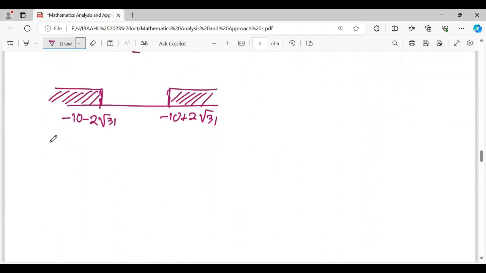This area is for x less than minus 10 minus 2 square root 31. And this area is for x greater than minus 10 plus 2 square root 31.